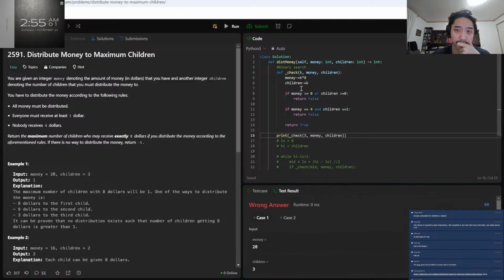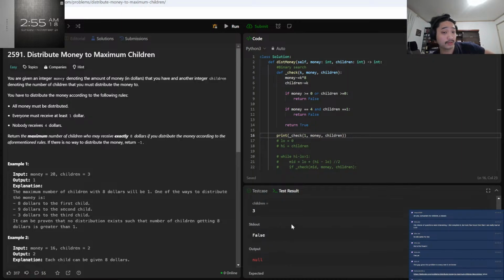No, both of these are false. So it works as intended. And 1 should be true. 1 becomes false. That's not correct. Why is this false?